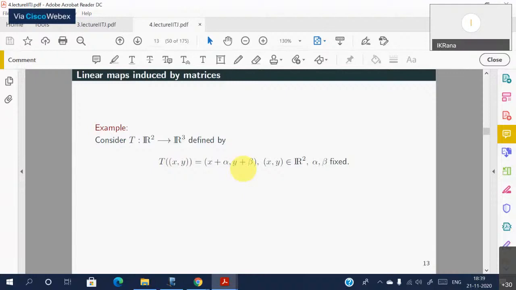Write in the chat box. If it is linear, say yes. If it is not linear, say no. Saying that it is not linear. It is not linear, right?